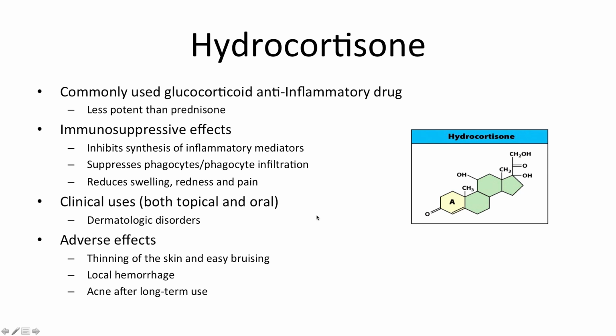Clinically, it's mostly used for dermatologic disorders, either orally or topically. The major side effects of hydrocortisone are a lot less severe compared to prednisone because of its low potency. Basically, the major ones are thinning of the skin and easy bruising, local hemorrhage, and acne after long-term use.